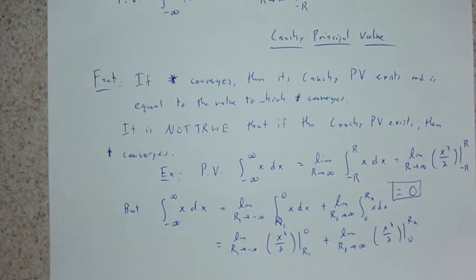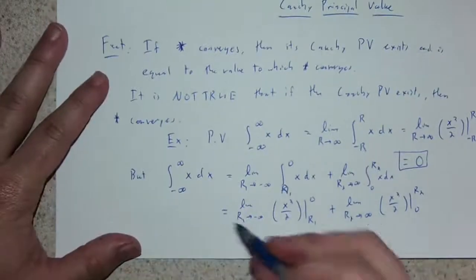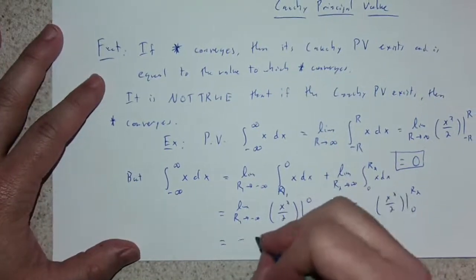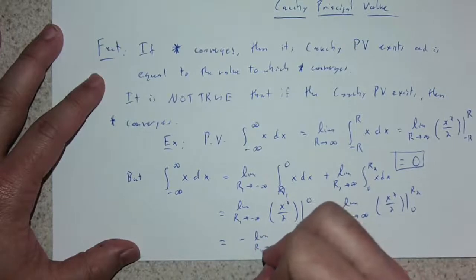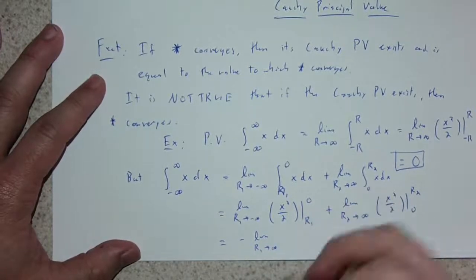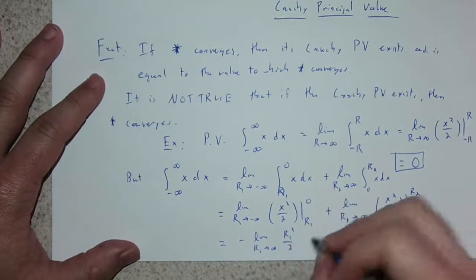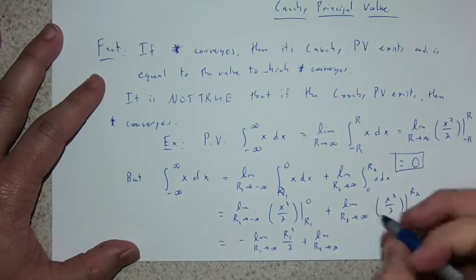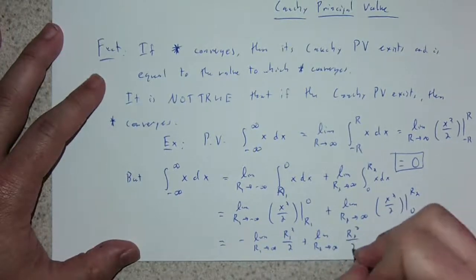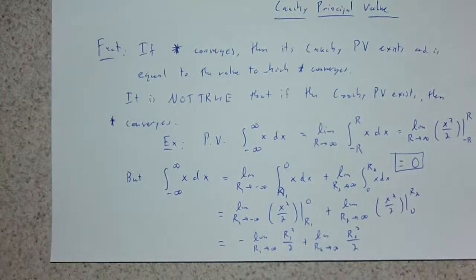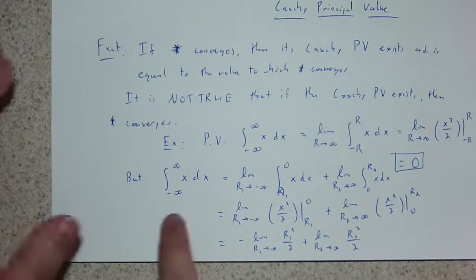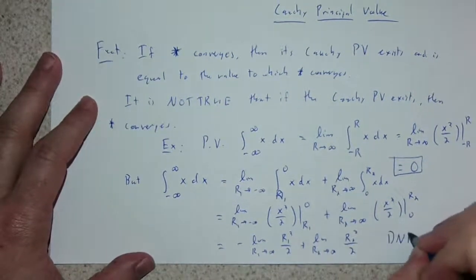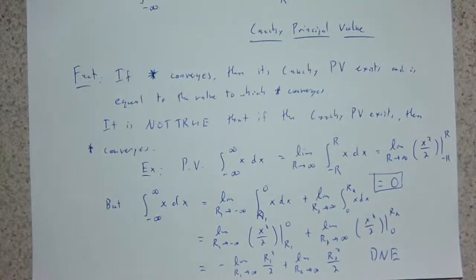But these limits don't exist, right? So this is minus the limit as r sub 1 approaches infinity of r sub 1 squared over 2 plus this limit as r sub 2 approaches infinity of r sub 2 squared over 2. These last two limits don't exist, right? They're infinite, and so this fails to exist. So this doesn't work out this way.